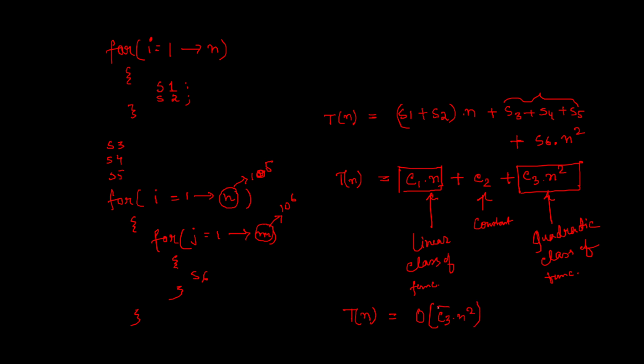But obviously C3 I will not keep over here because in the same way again the n square is dominating. This n square will dominate also C3. So here I should write big O of n square. Am I clear?